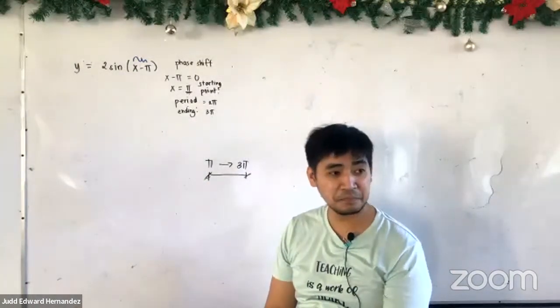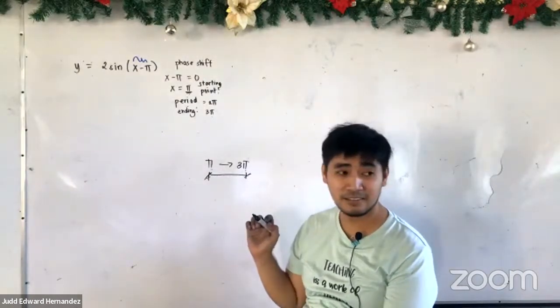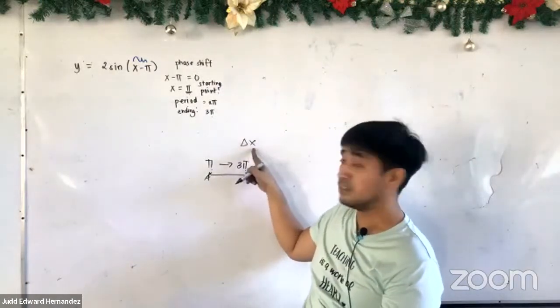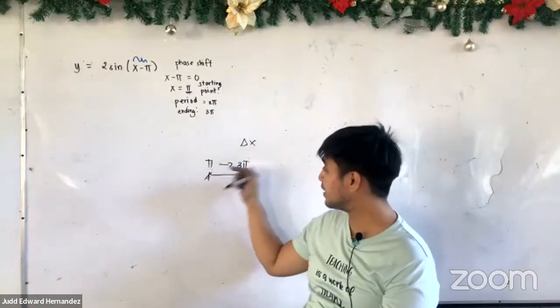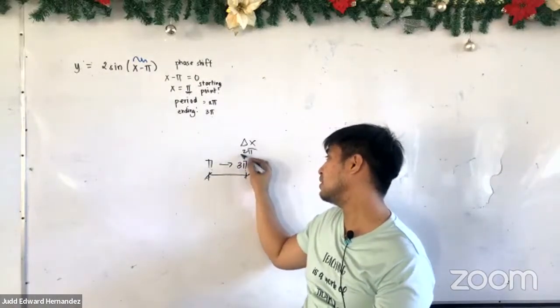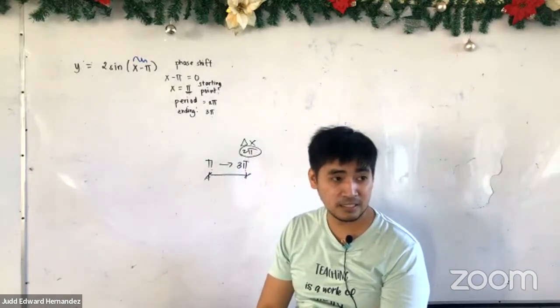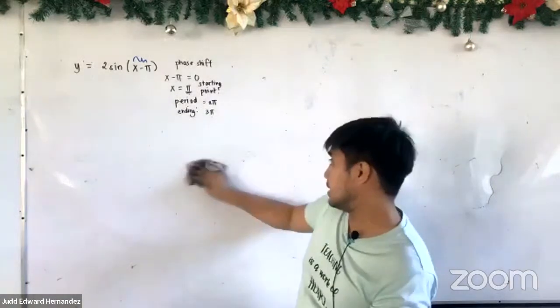Paano ba kung distance? It is delta x, the difference between 2 points. That is the distance: 3 pi minus pi, that is 2 pi. Nagets ba kung bakit naging ganun yung distance? Okay. So, our ending now would be 3 pi.